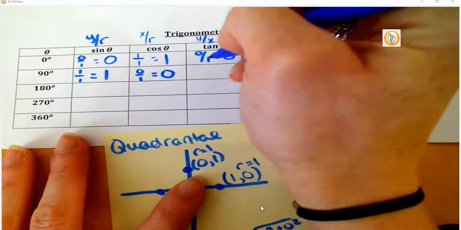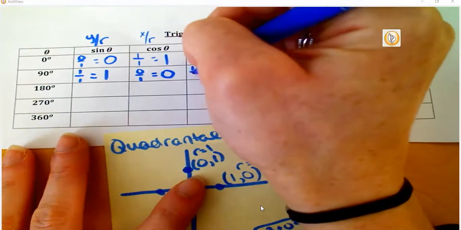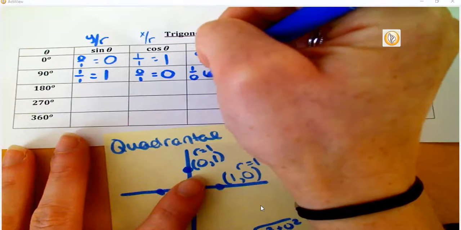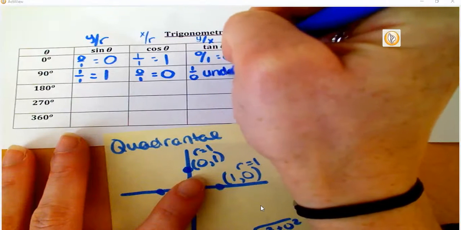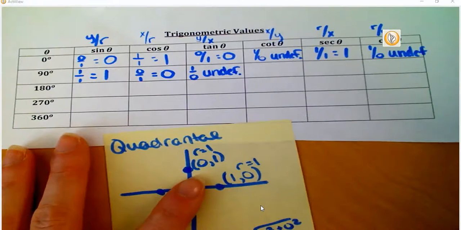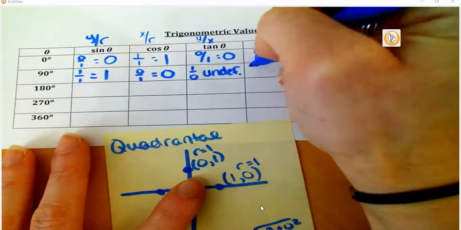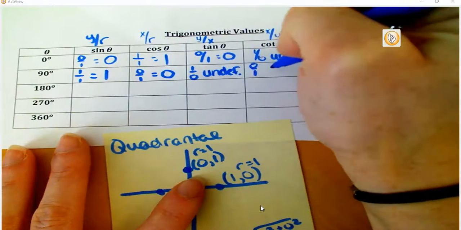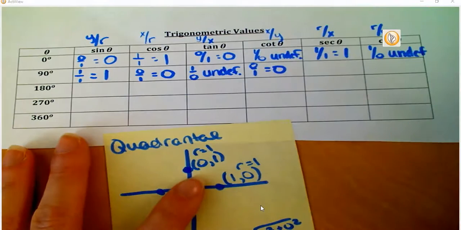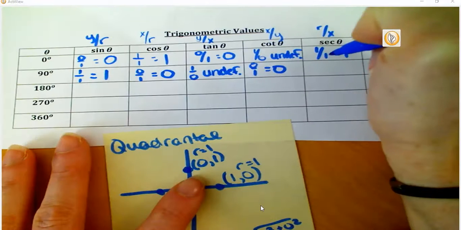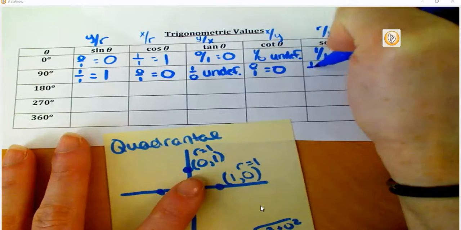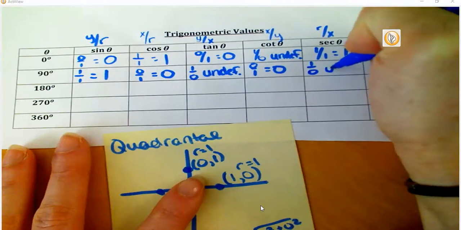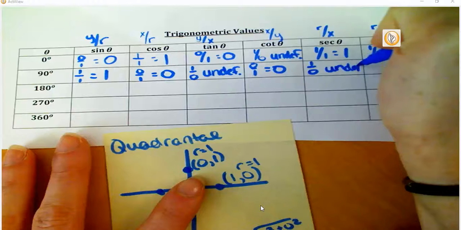Tangent, y divided by x, so 1 divided by 0, undefined. Cotangent, x divided by y, so 0 divided by 1 is 0. Secant, r divided by x, so 1 over 0 is undefined.